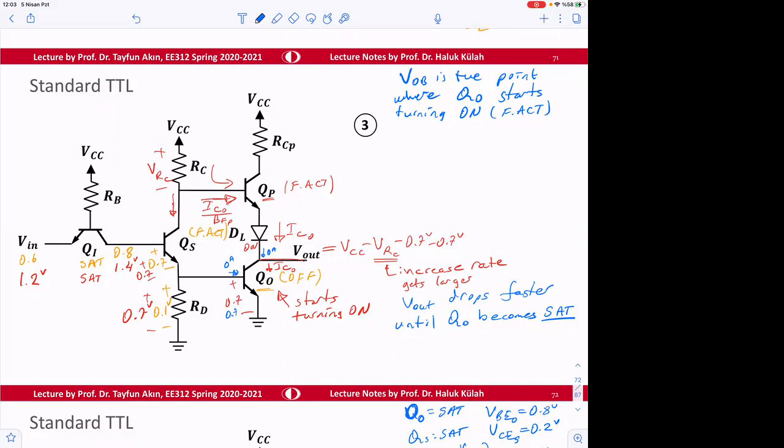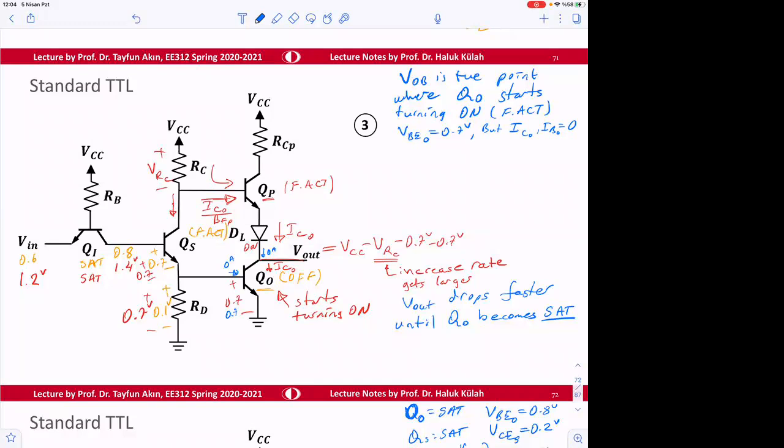So at this point we know that V base to emitter of O is equal to 0.7 volts. But still I collector of O and I base of O are 0.